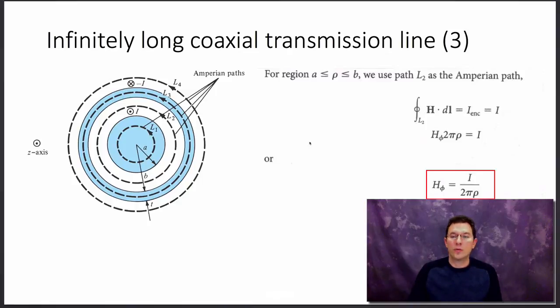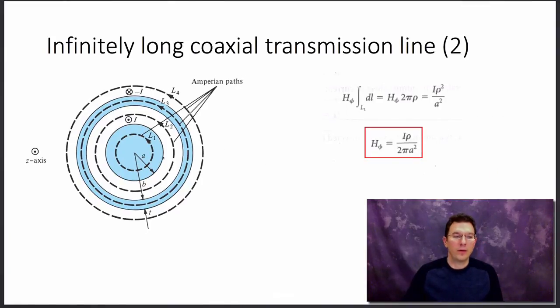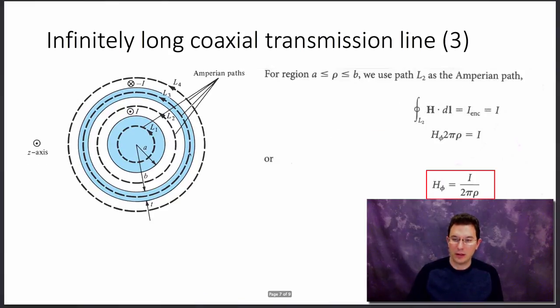So when you're in this region, you end up with this little equation from Ampere's circuital law. You can solve this for H phi, voila. It turns out that H phi is I over 2 pi rho in this region here. Okay, so the magnetic field increases linearly up to that point, and then it starts to decrease in magnitude as 1 over rho in this region.